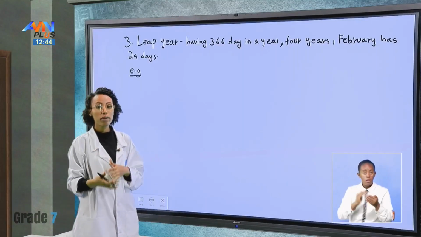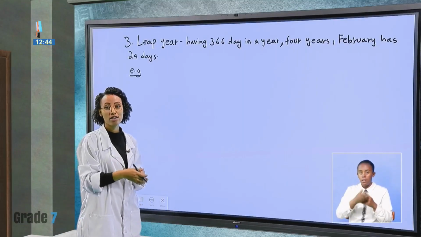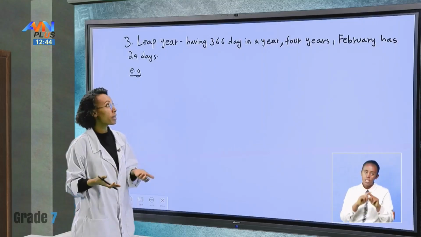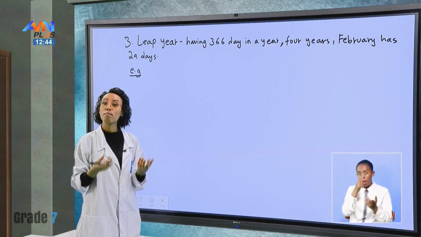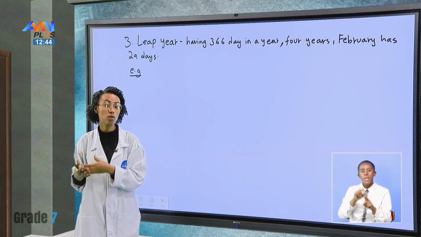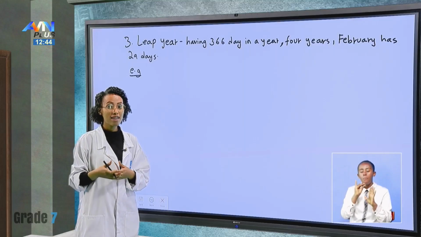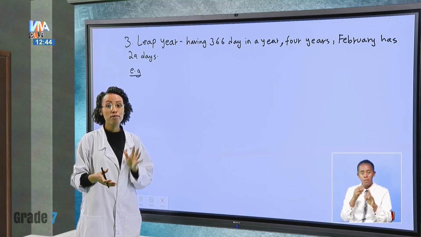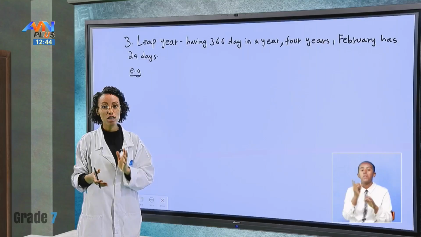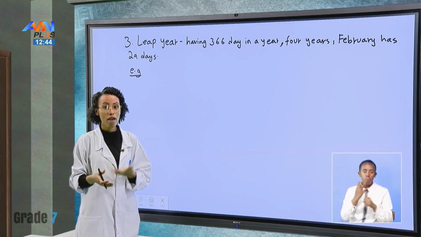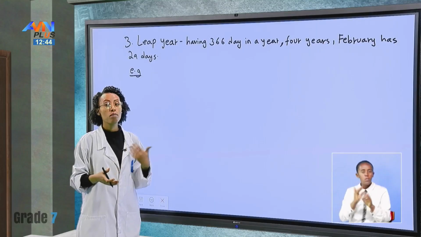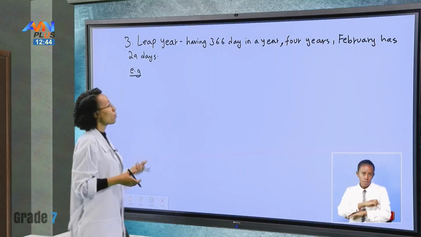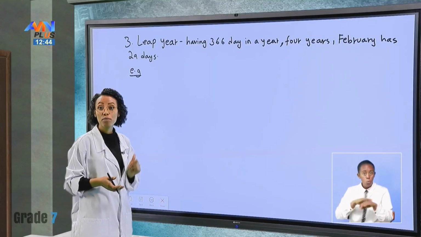So the Ethiopian calendar and the Gregorian calendar are different. In the Ethiopian calendar, we have the 13th month that we call Pagme. And we have 5 days every 3 years. But every fourth year, we have Pagme 6. So that is what we call the leap year.